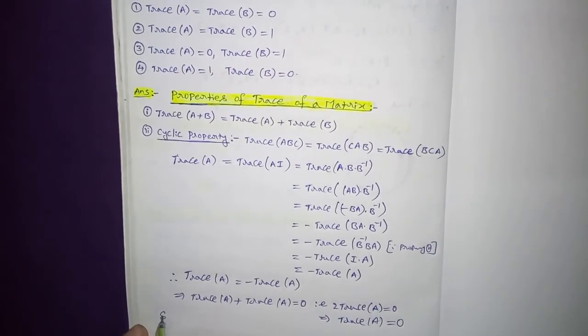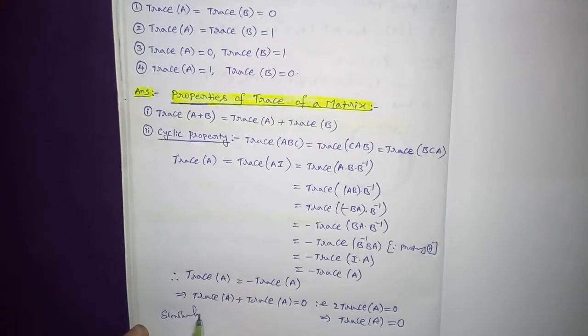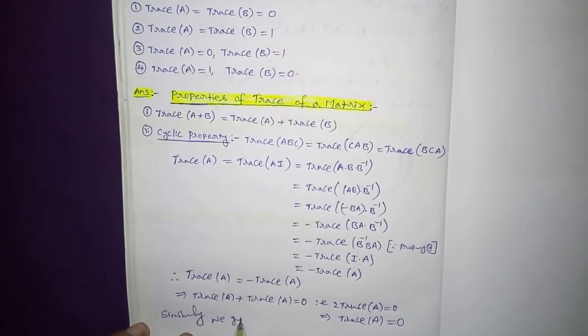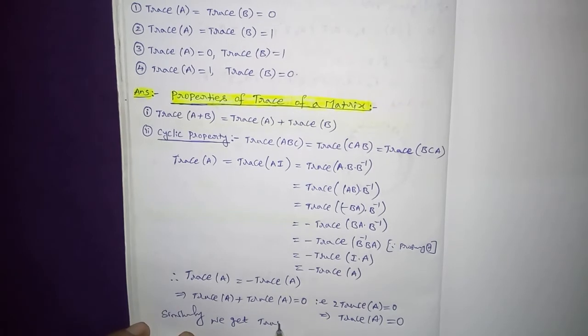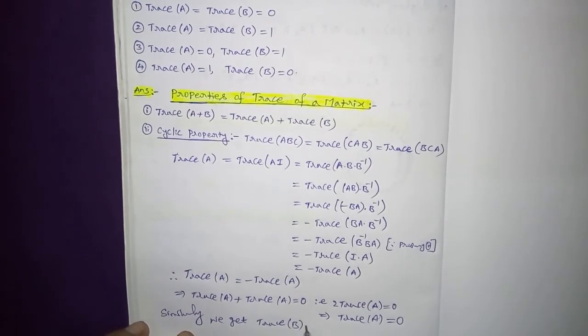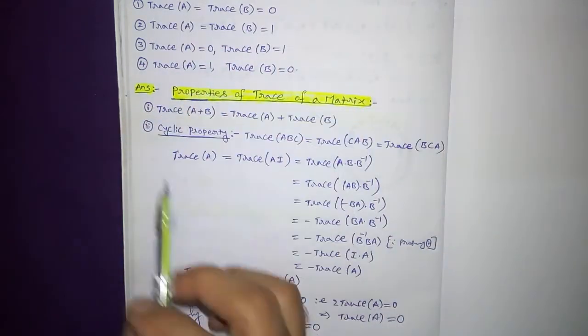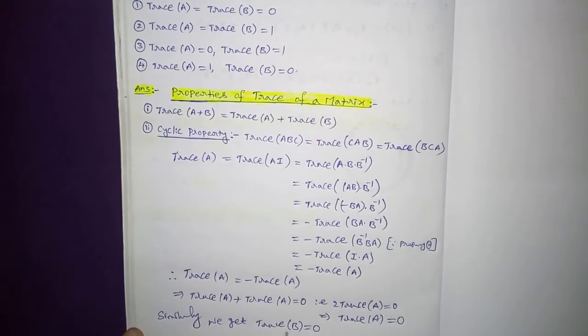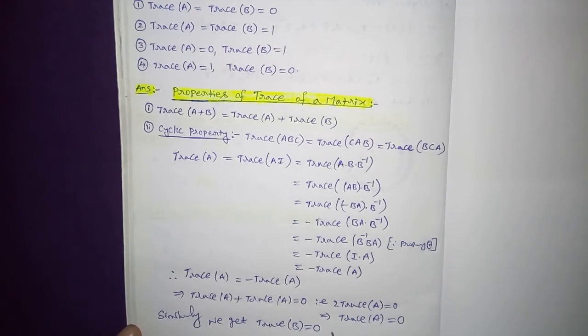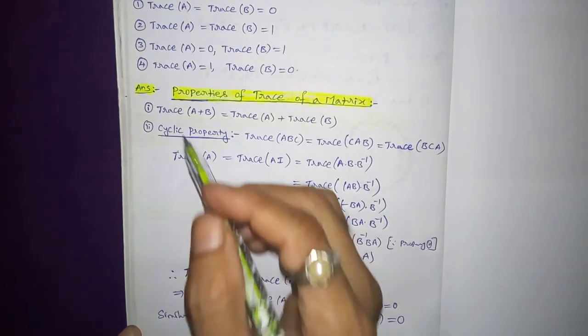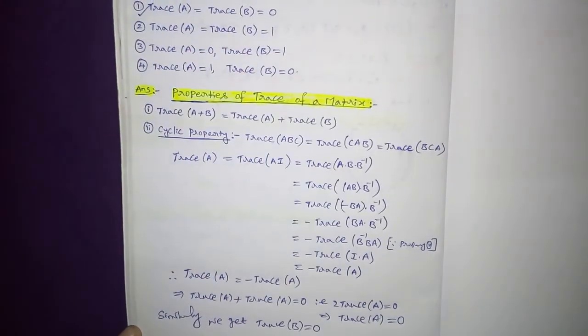So similarly we get trace of B equals 0, because A and B are both real invertible matrices. So similarly we get trace of B is also equal to 0. Therefore option number 1 is correct.